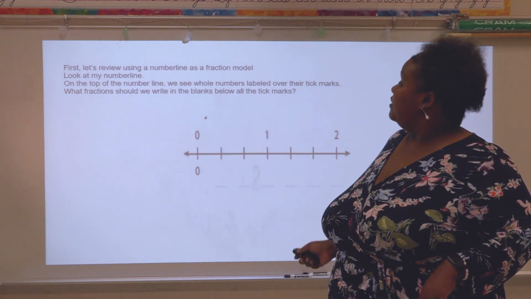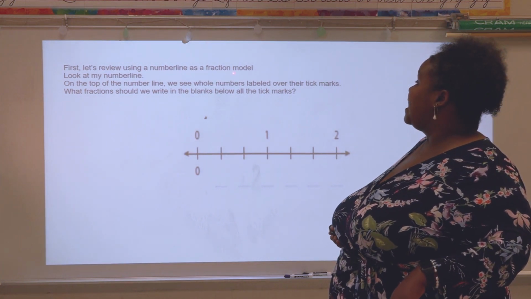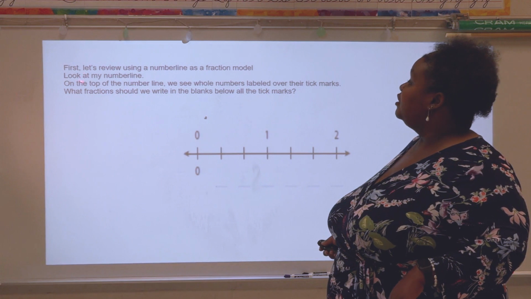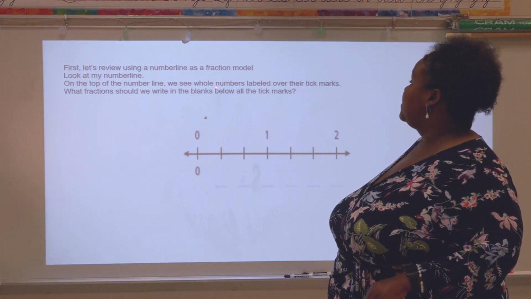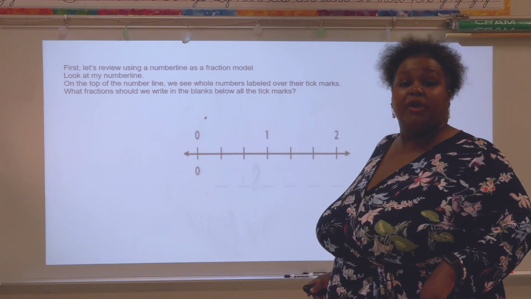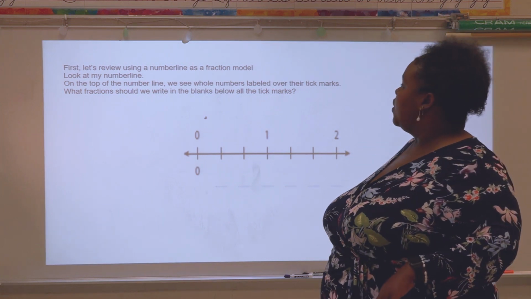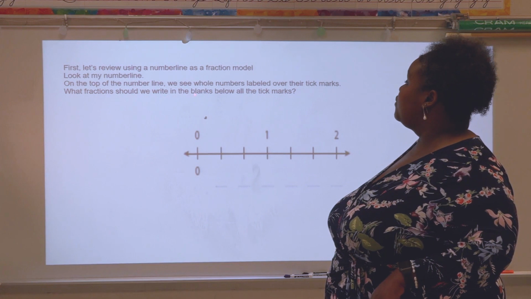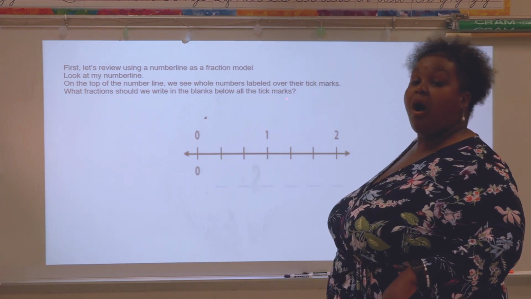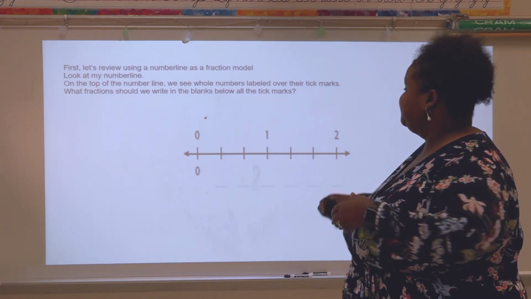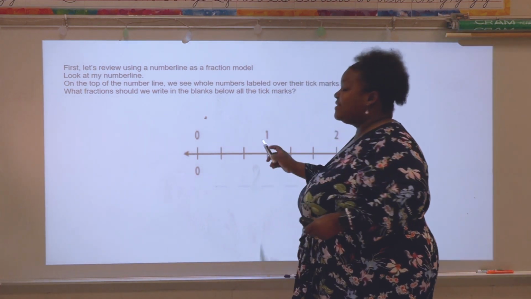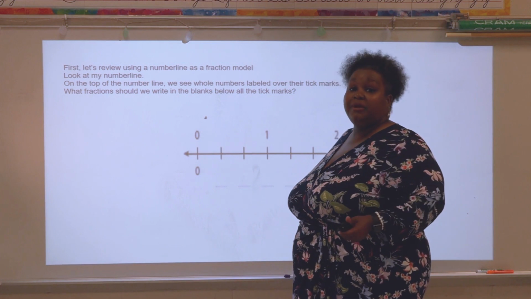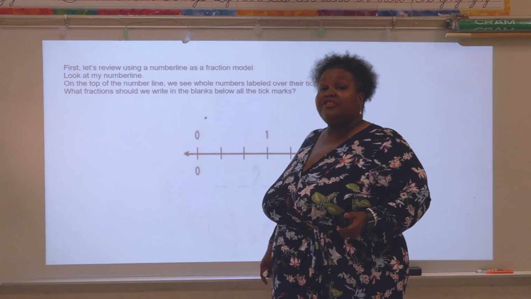First, let's review using a number line as a fractional model. Look at my number line. On the top of the number line, we see whole numbers labeled over their tick marks. What fraction should we write in the blanks below all the tick marks? As I look at this, I notice my number line is cut into thirds.